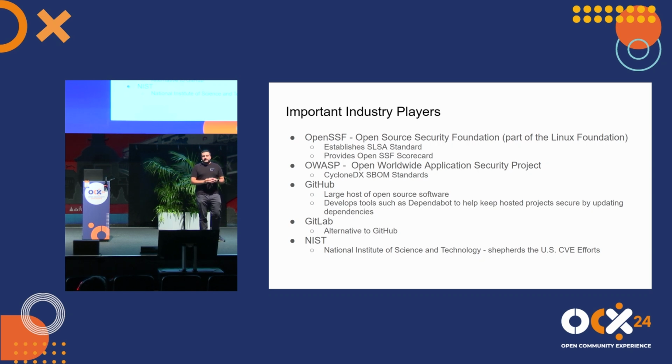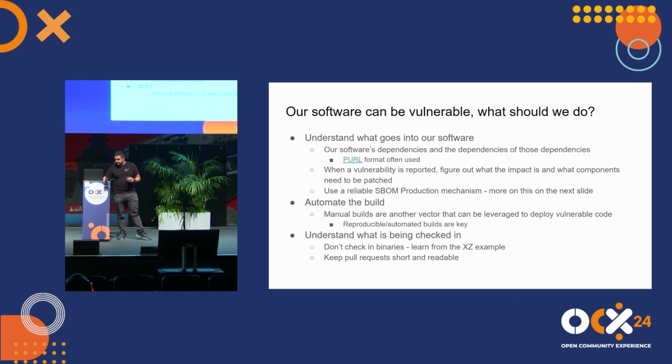There are alternatives to Dependabot, like Renovate, but GitHub and GitLab are very important because they host a lot of our open source software and, especially in GitHub's case, provide a lot of the infrastructure we might use for things like CI with GitHub Actions. And of course, NIST, the National Institute of Standards and Technology, shepherds the United States' CVE efforts, including the NVD, which is one of the current primary sources of truth for vulnerability information.